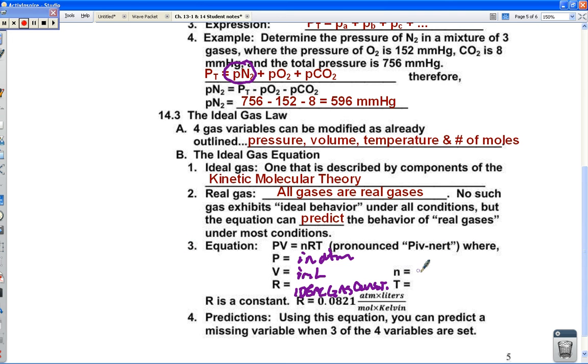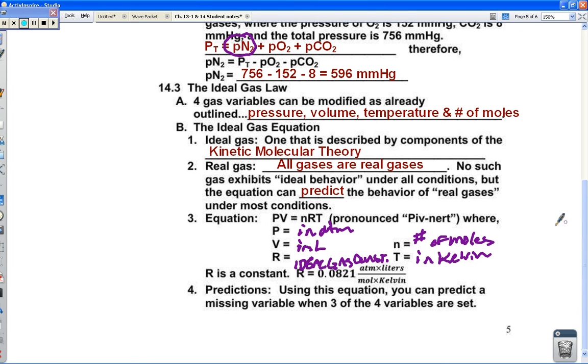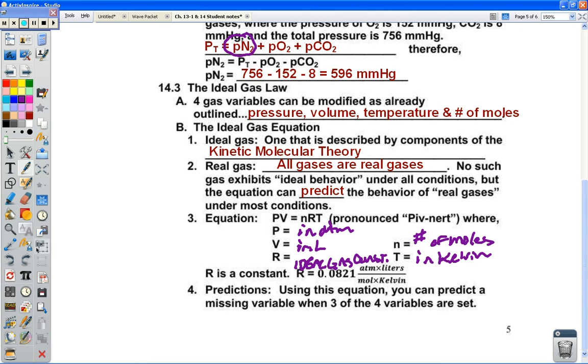N is the number of moles. And T is the temperature in Kelvin. Okay, R then equals, I'm going to erase ideal gas constant because it's getting in the way down here. So, R is this constant.